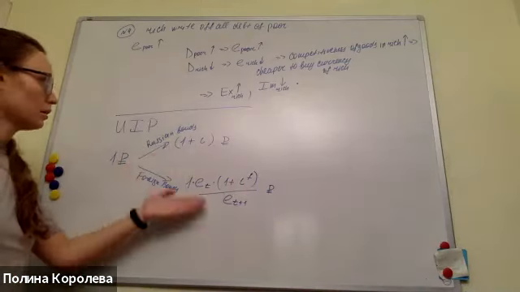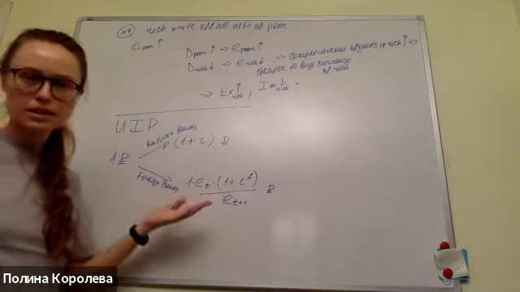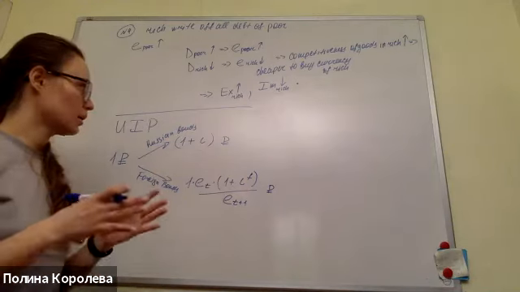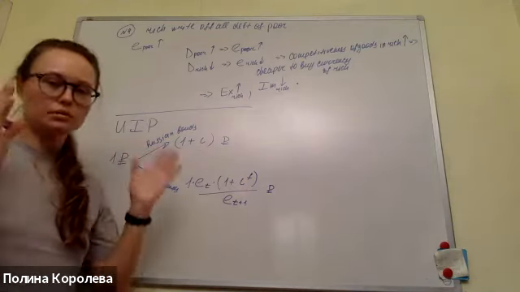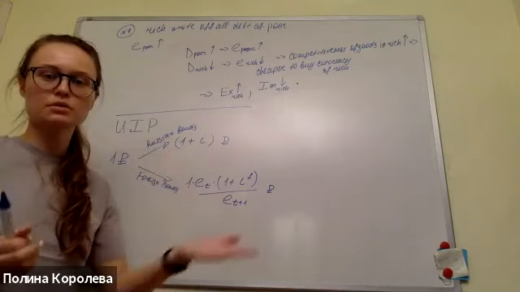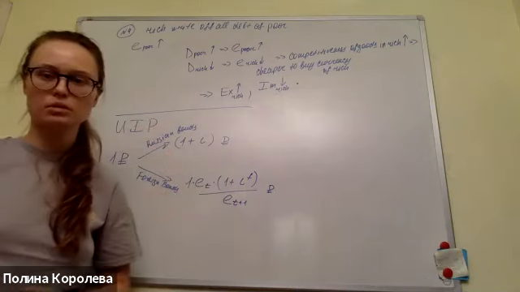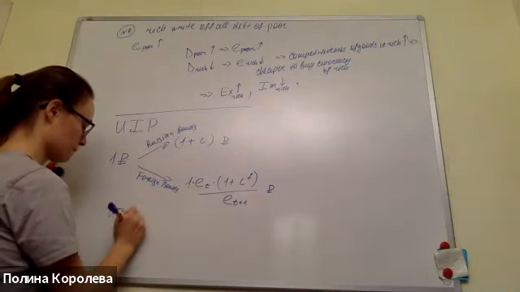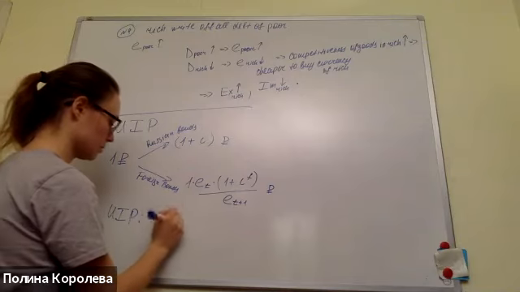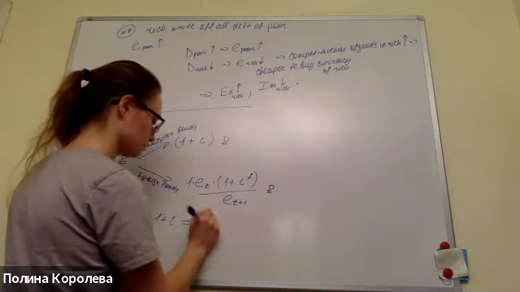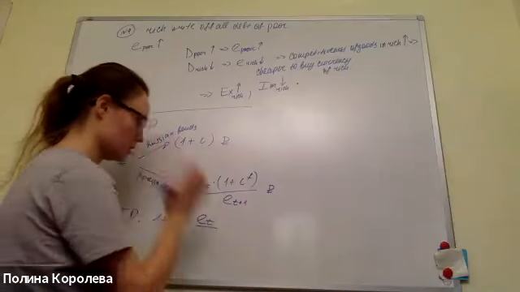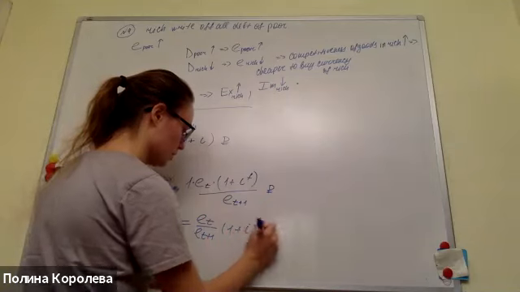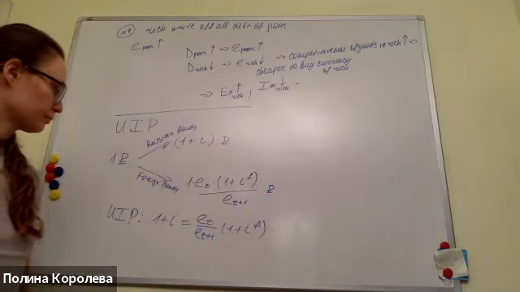Parity tells us that there should be no arbitrage, that it doesn't matter where to invest, in Russia or in foreign countries. So in equilibrium, 1 plus our interest rate should be equal to the exchange rate in year T over the exchange rate in year T plus 1, multiplied by 1 plus the foreign interest rate.